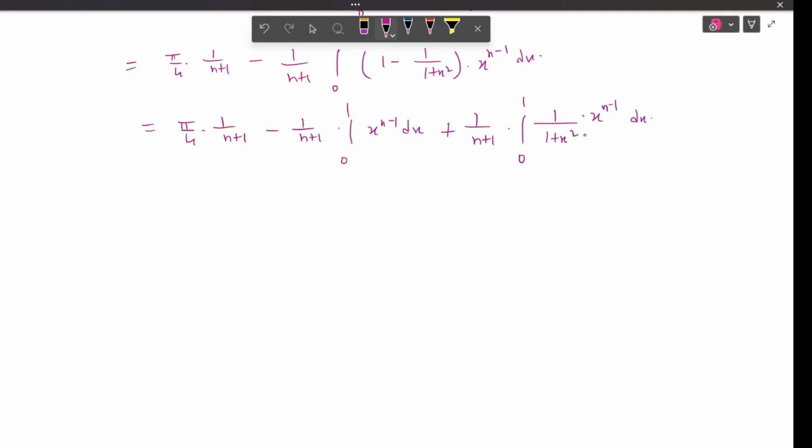See, let us say we have to solve this integration from 0 to 1 of 1 by 1 plus x square x to the power n minus 1 dx. Okay, now let us say here both of them are algebraic functions, so you have to be very careful choosing function 1 and function 2. If we choose function 1 here as x to the power n minus 1, this is your function 1. Let us say this is your function 2.